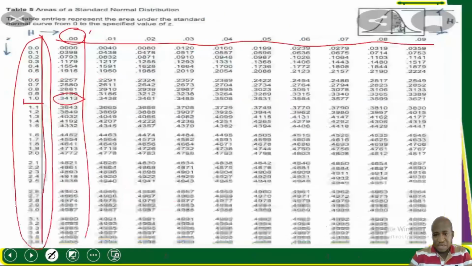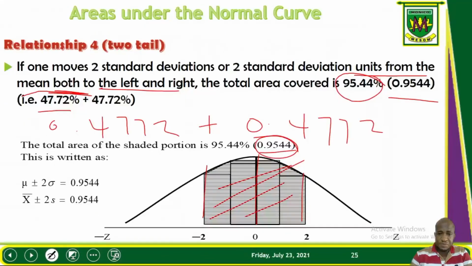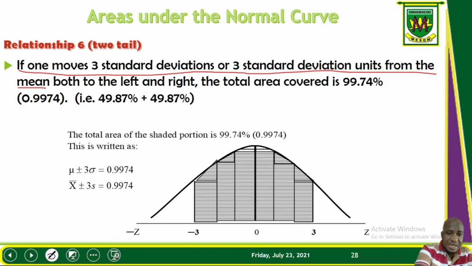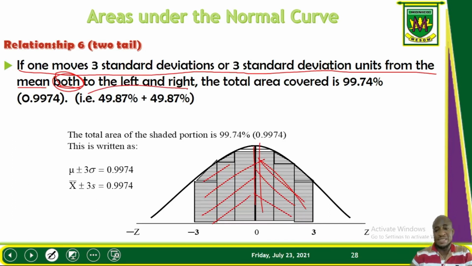So let's see how it has been done on the slide. On the 6th relationship, since we are moving two-tailed, the description is, if one moves 3 standard deviation units from the mean to both directions, both left and right covered at the same time, the total area covered is, let's concentrate on the decimal, 0.9974.